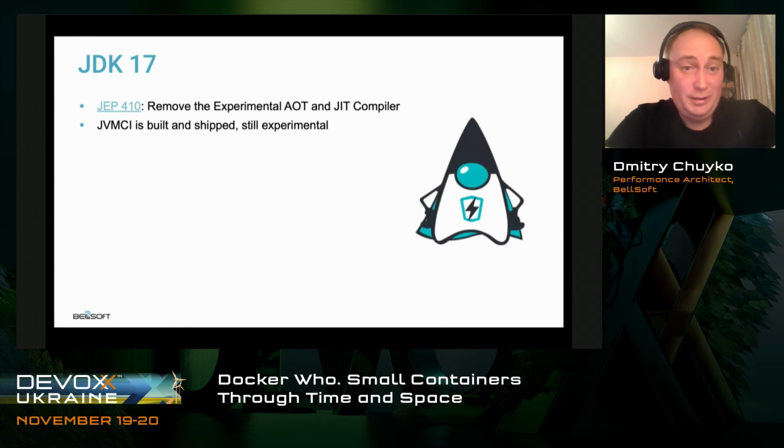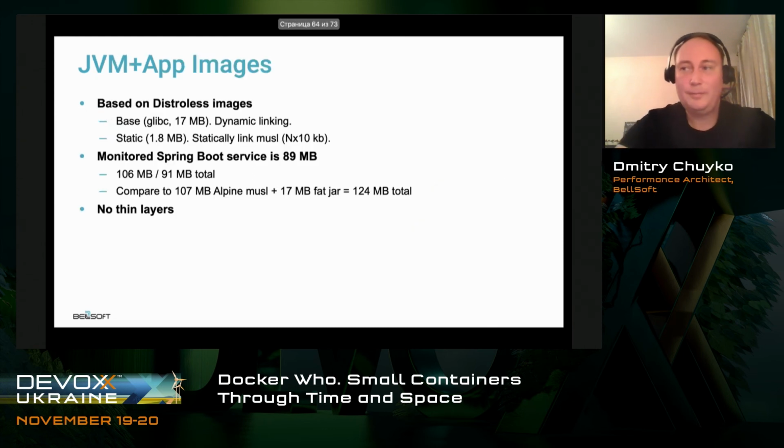There used to be a technology for making AOT compiled code included in JDK, but now it's not there. You can have different size relation between native image based and JDK based container.